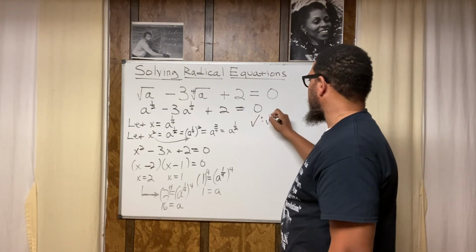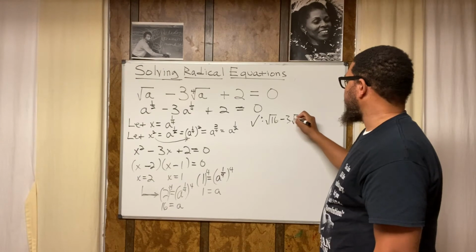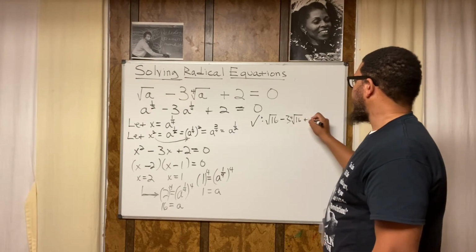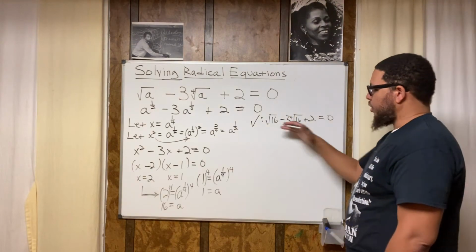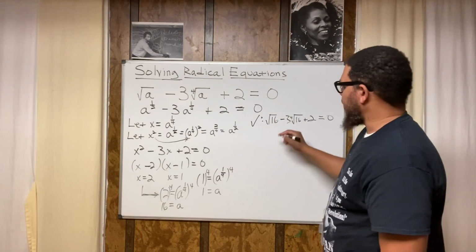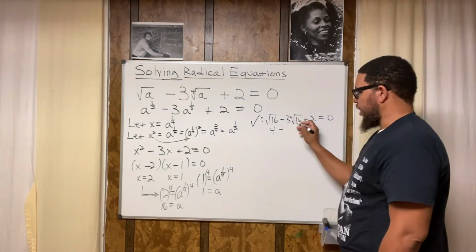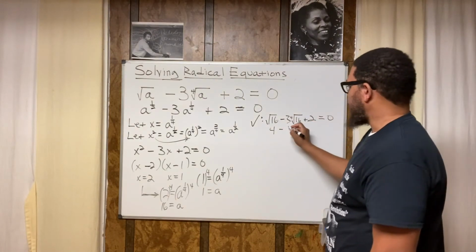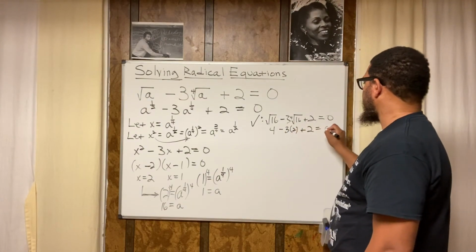I got square root of 16 minus 3 times the fourth root of 16 plus 2 is equal to 0. And I want to know if that's a true statement. So the square root of 16 is 4. The fourth root of 16 is 2. So that's minus 3 times 2, then plus 2 is equal to 0.